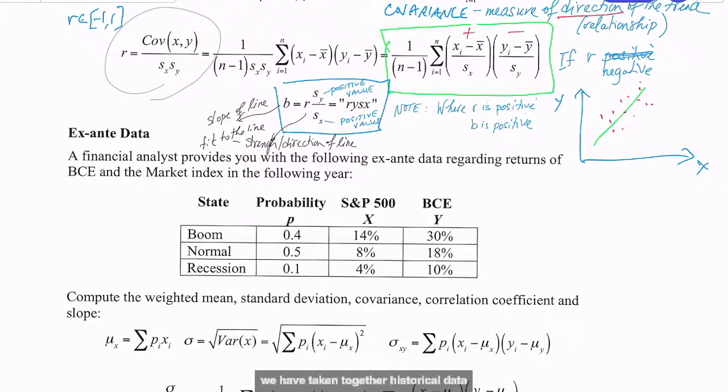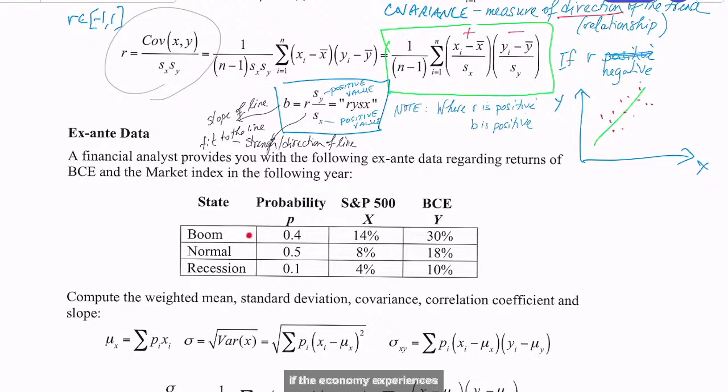We have taken together historical data, we've taken together predictions of market performance in the future. We've taken some information on fundamentals of this company's stock and future prospects. We put it all together and created this distribution with 3 possible outcomes.